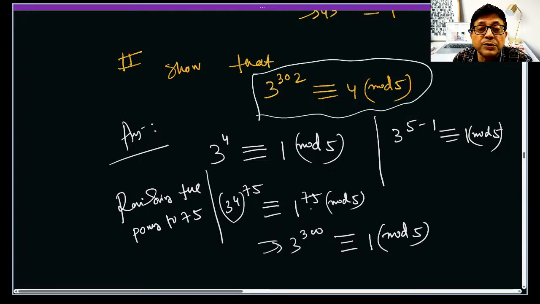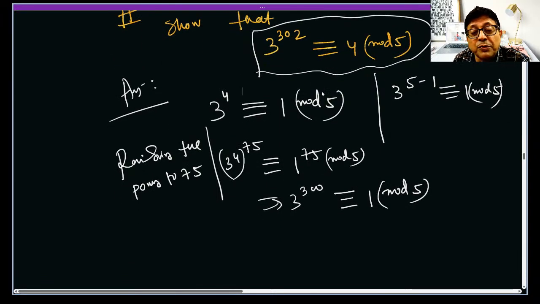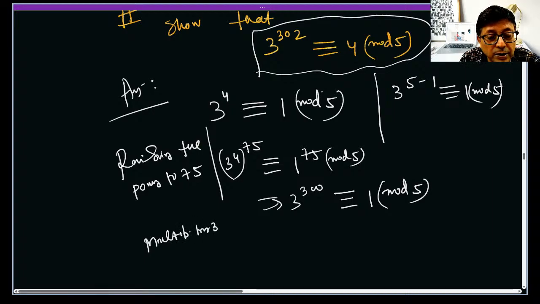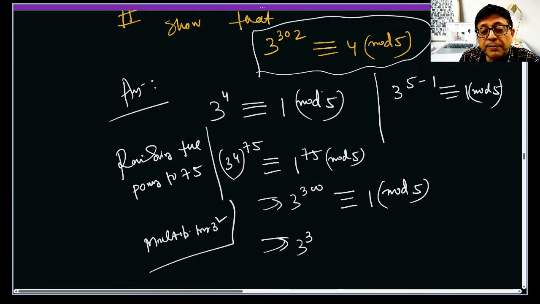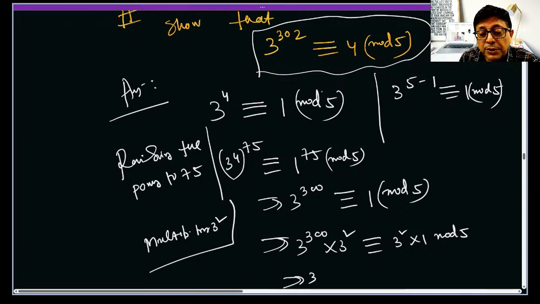We need 3 to the power 302. How to get that? Multiply by 3 square on both sides. So this implies 3 square you have multiplied, 3 square into 1 mod 5. So 3 to the power 302 is congruent with 9 mod 5.